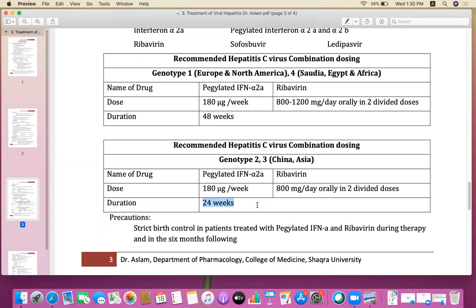Or we can say Egyptian patients with hepatitis C virus infections, what is the maximum duration of treatment of pegylated interferon alpha 2A? Your answer should be 48 weeks. And if the patient is from China or Asia, what is the maximum duration of treatment of pegylated interferon alpha 2A? Your answer should be 24 weeks.